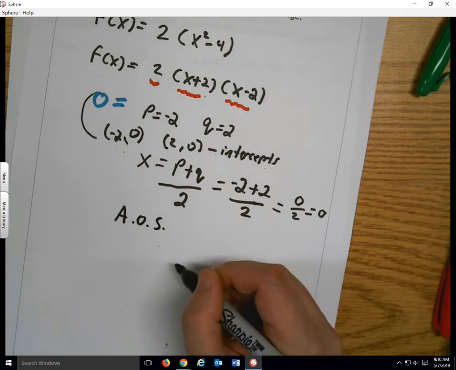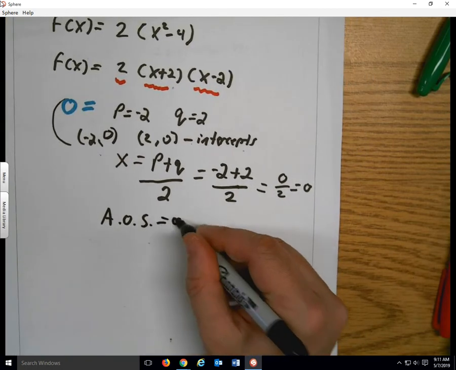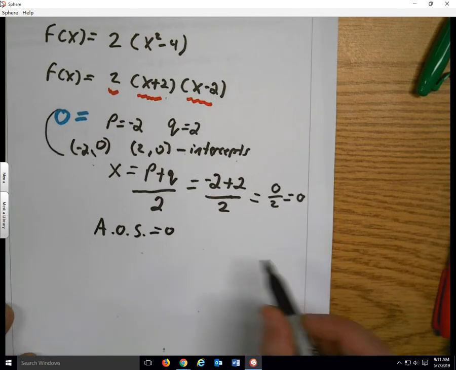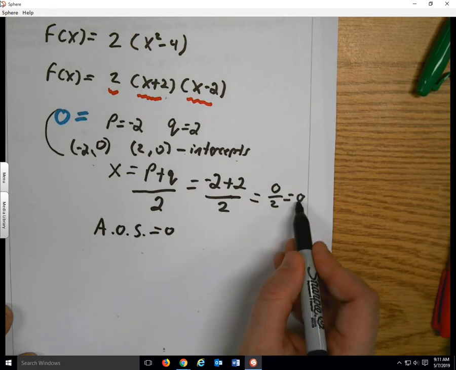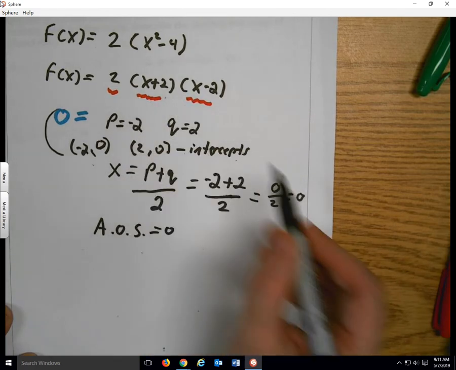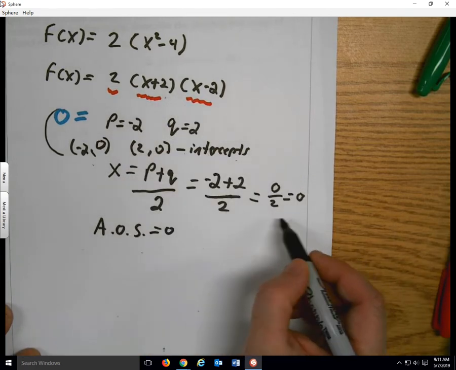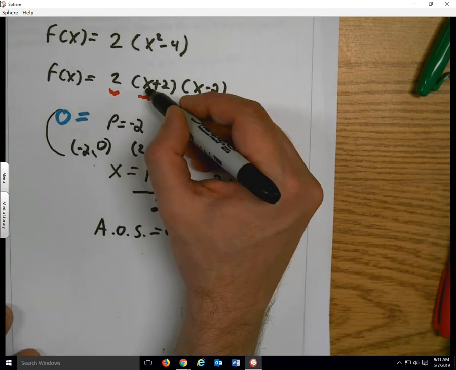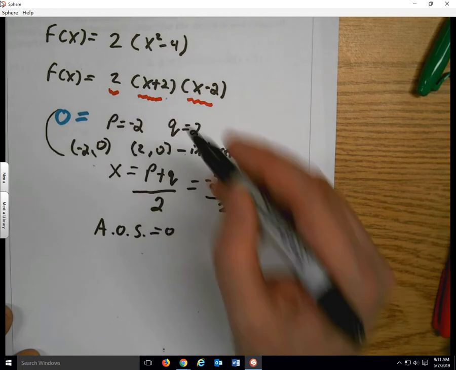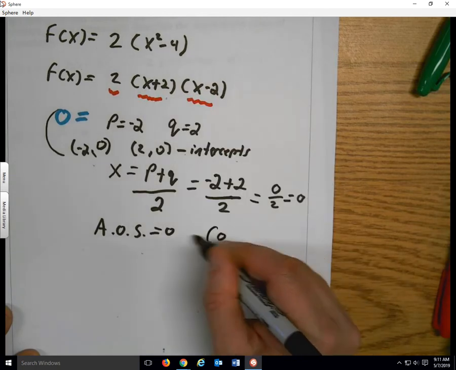But now we need to find the vertex. How do we find the vertex? We substitute a 0 now, and not for the y, but we substitute it in for the x. Whatever the axis of symmetry is, you substitute it in for the x value, and that will give you the vertex.